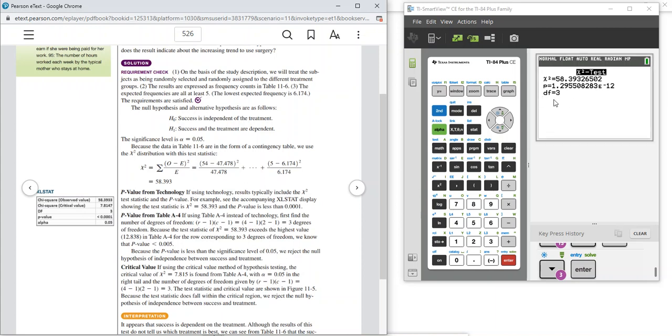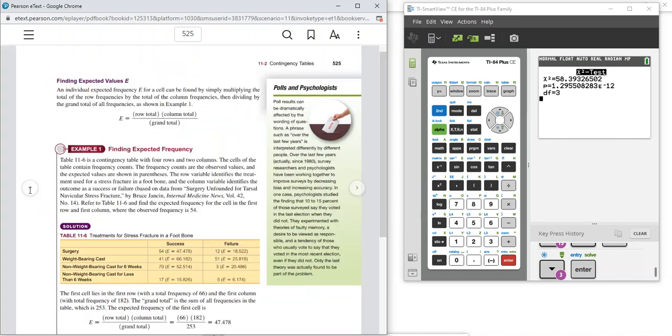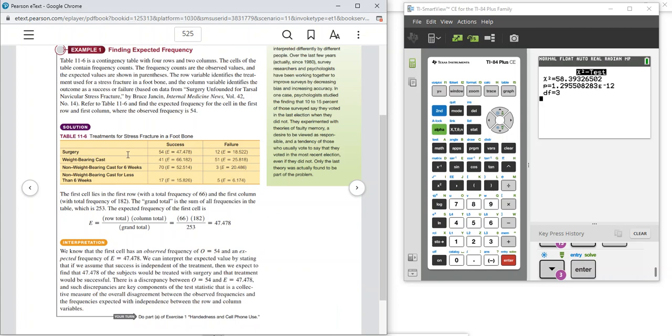And that would be good enough. Degrees of freedom, how did they get that? Let's go back to that. Well, this table is a 4 by 2. Row minus 1 times column minus 1. So that means not 4 rows, but 3 times 1, or 3.